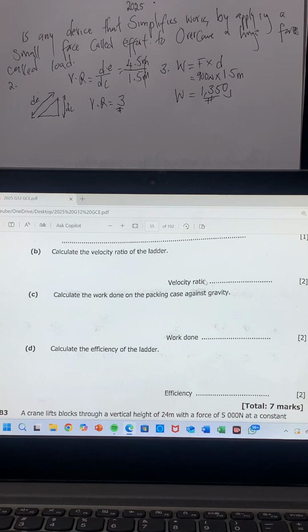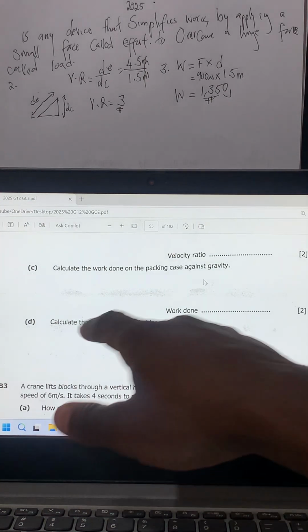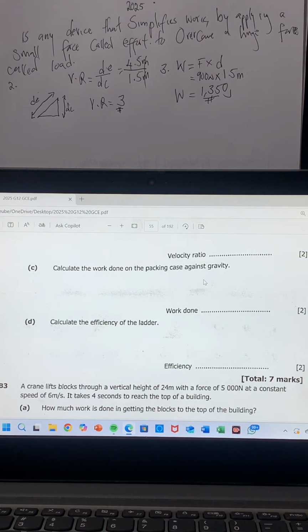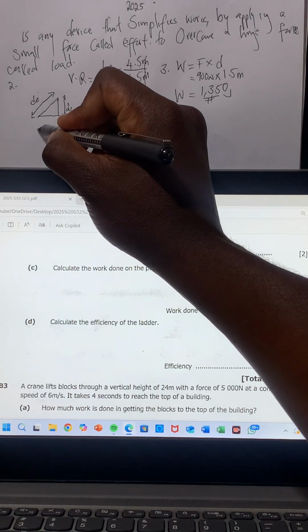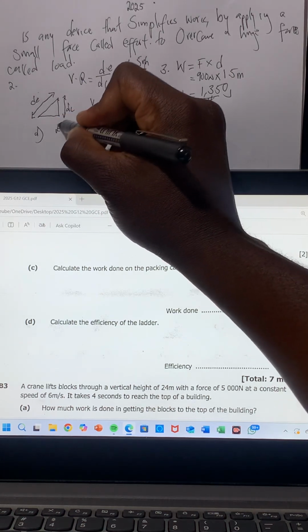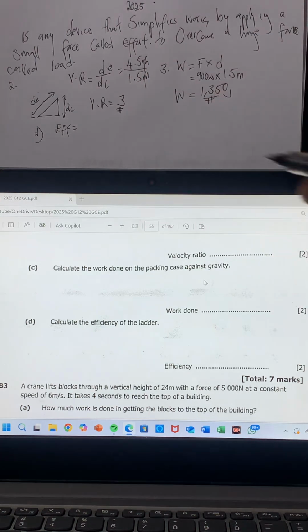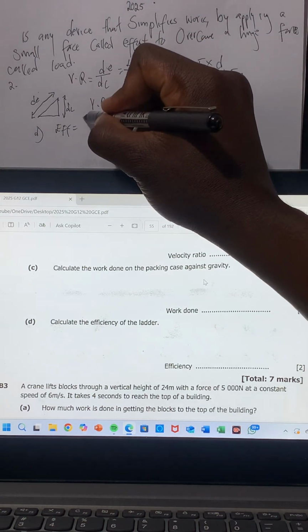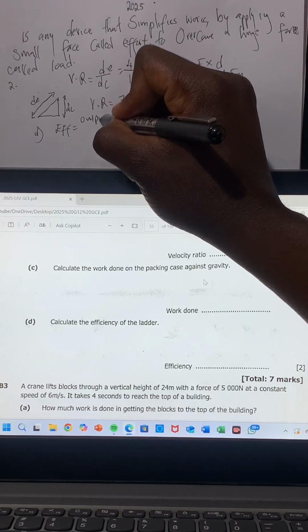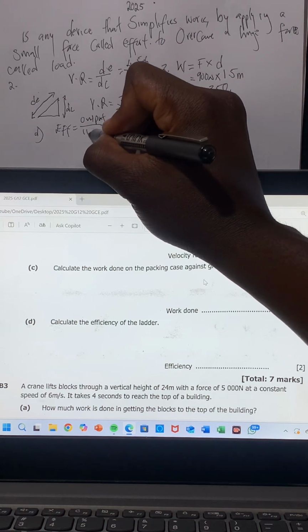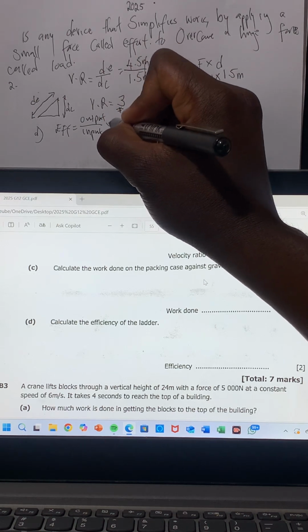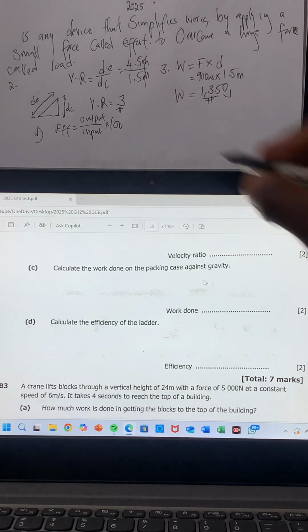And the last question, D, is saying calculate the efficiency of the ladder. To calculate efficiency, efficiency is always work output over input times 100.